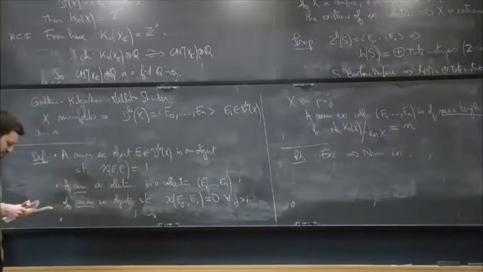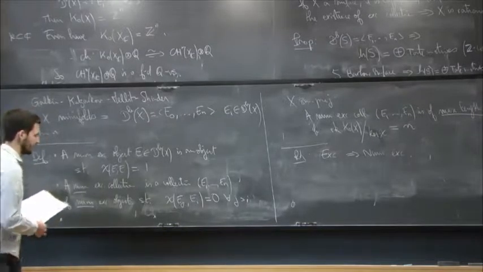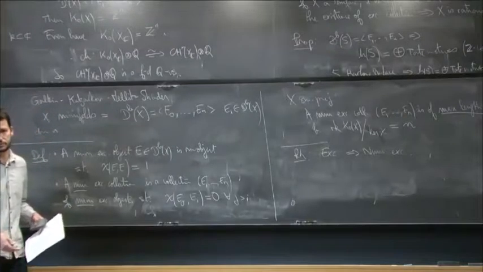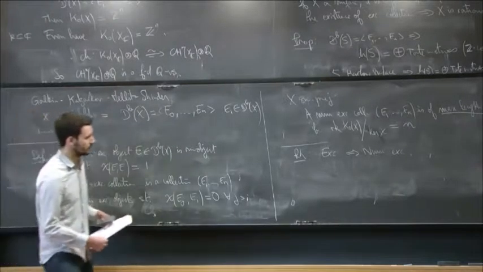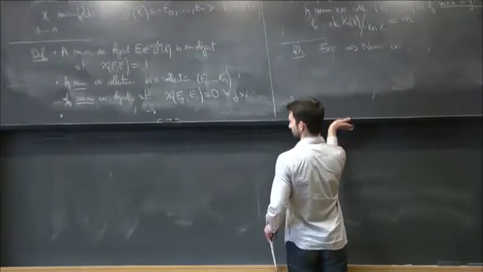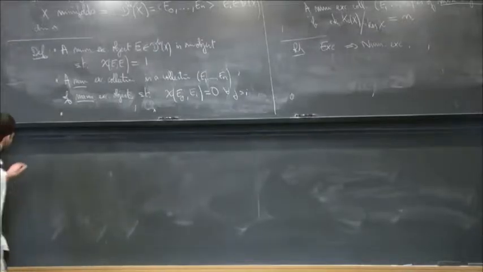And in fact, for surfaces, there's a numerical criterion to determine if a surface has a numerically exceptional collection of maximal length. And so it's the following. This is the theorem.